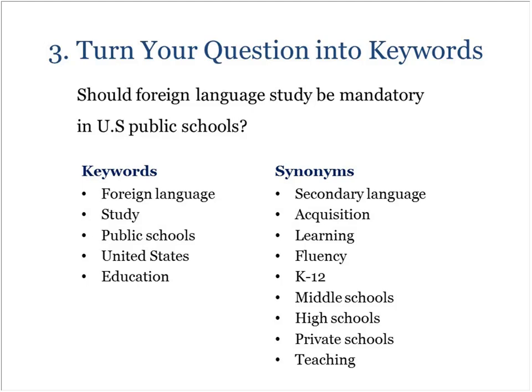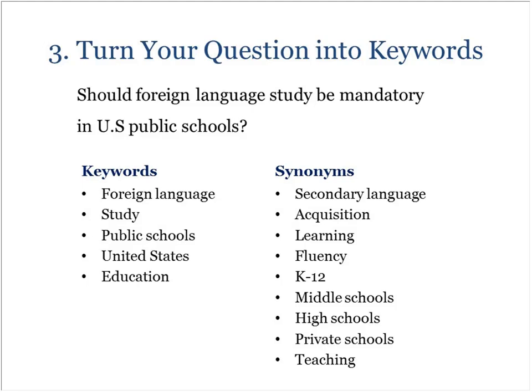So as Emily said, when you're searching the research databases, the article databases, with your topic ideas in mind, the way that you might express something might not be the way that authors of articles have expressed it. And because the databases search for the exact words that you type in, if you were to type in foreign language, you might miss articles that are really about foreign language learning but are instead written about secondary language or even about a specific language.